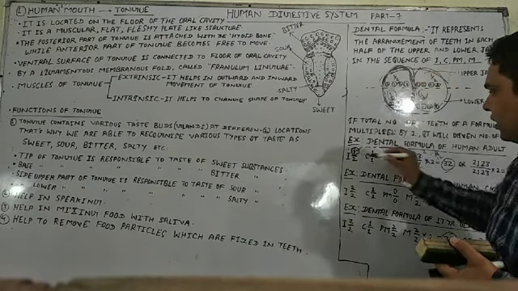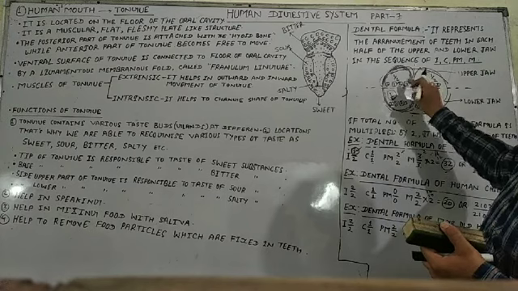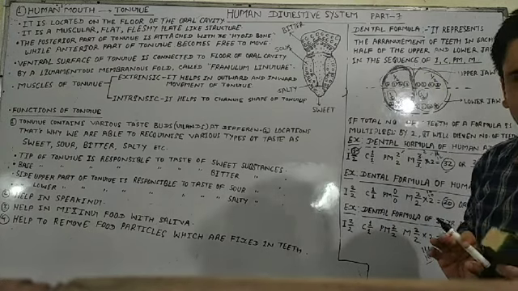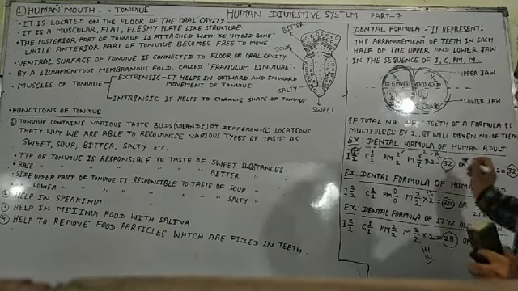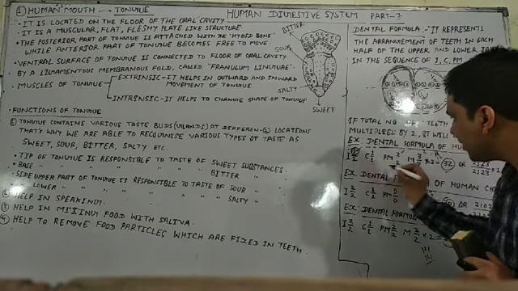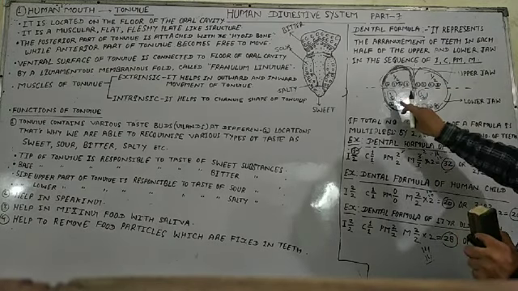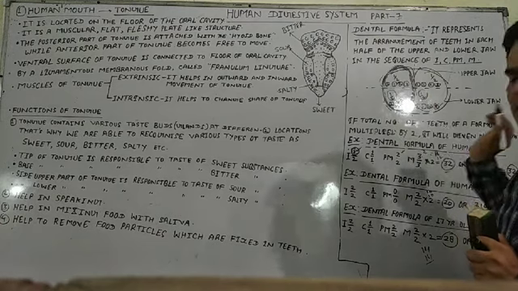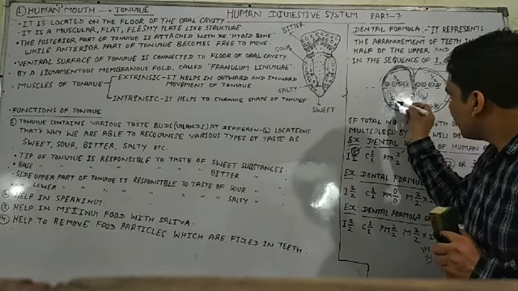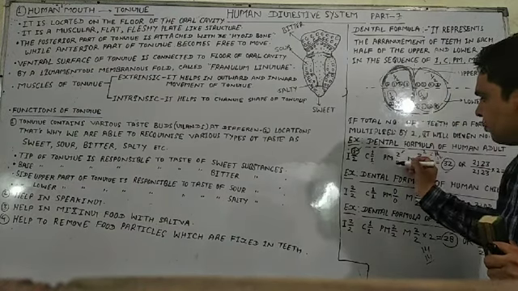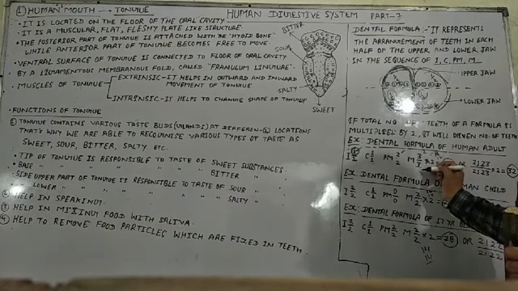I put the numbers of teeth found in each half of the upper jaw, and in the lower I write the numbers of teeth found in each half of the lower jaw: 2 incisors, 1 canine, 2 premolars and 3 molars.